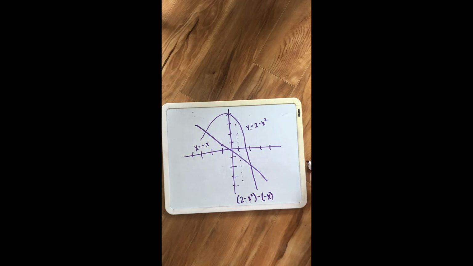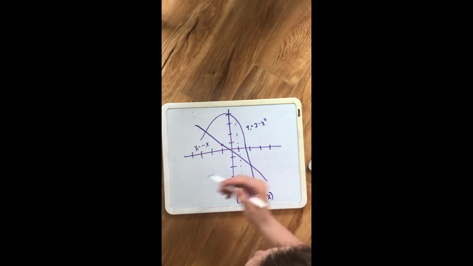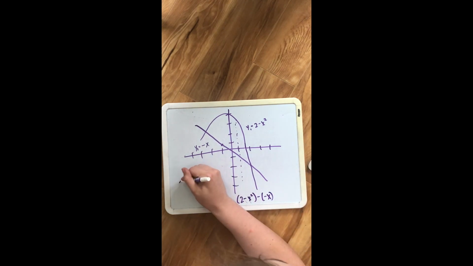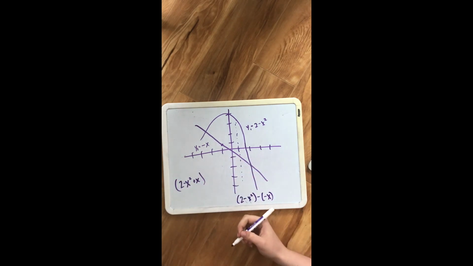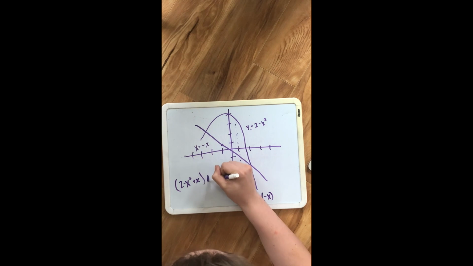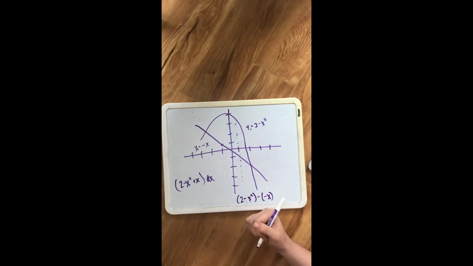So then we can infer that length times width is equal to 2 minus x squared plus x, dx. To find area, we then must integrate this function.